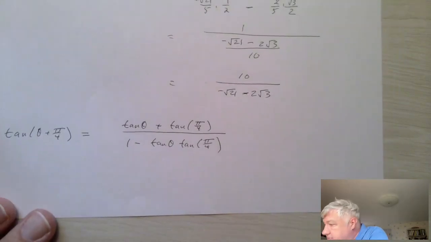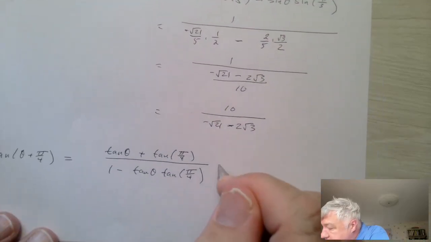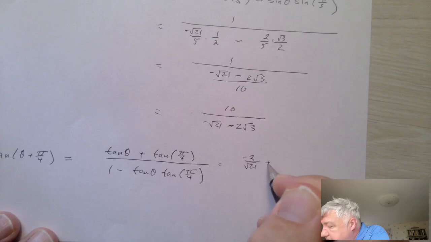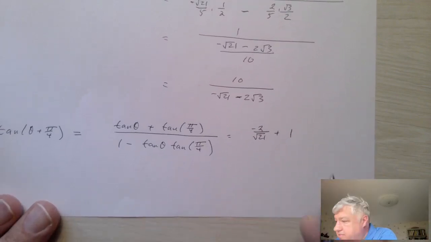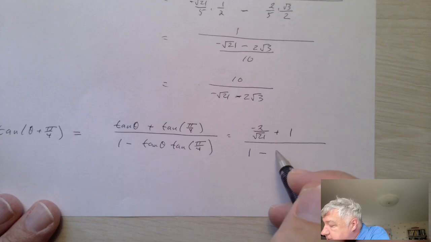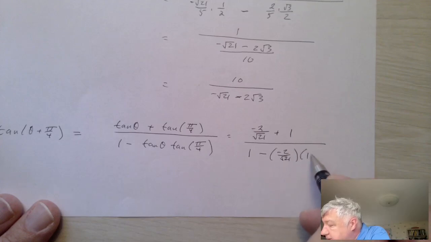And we just plug in. The tangent we found is negative 2 over square root of 21. Tangent of pi over 4, of course, is 1. And we have 1 minus negative 2 over square root of 21 times 1.